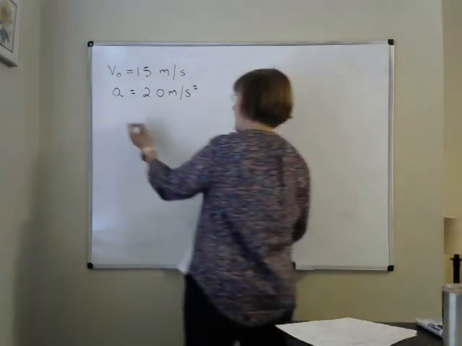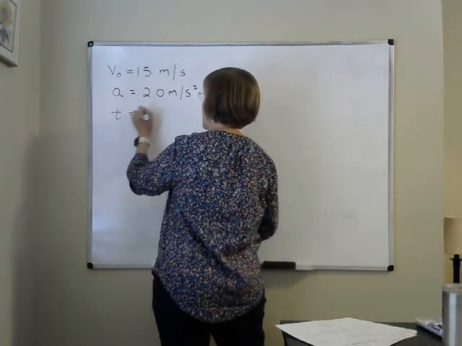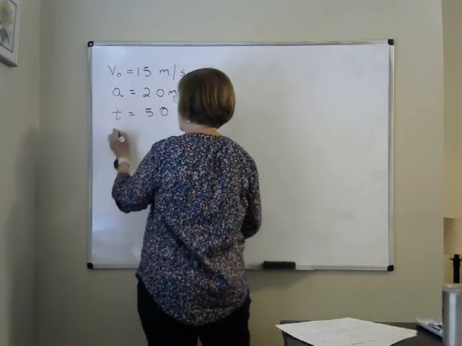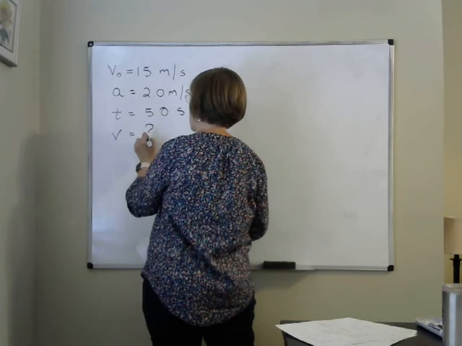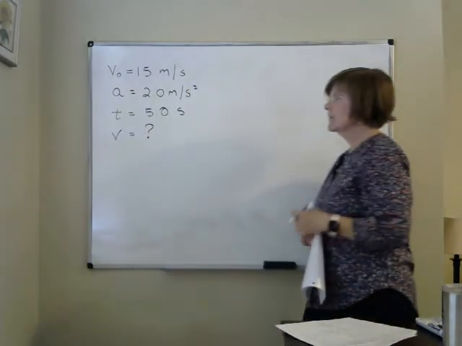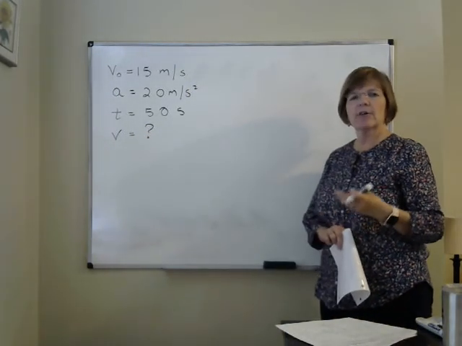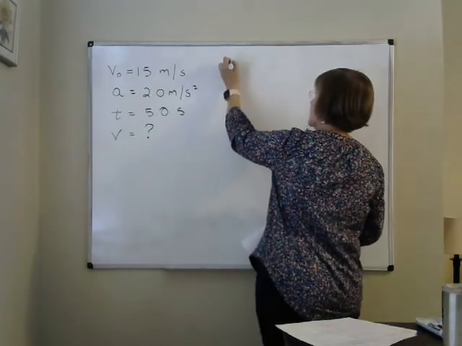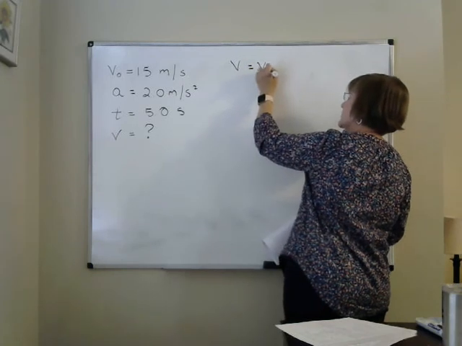Well, they're telling me the time is 5 seconds, and they're asking me what V is. It's pretty easy. I want to find V. I know V0, I know A, I know T. That looks exactly like this formula. So I know what formula to choose.